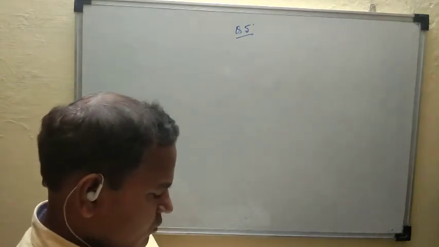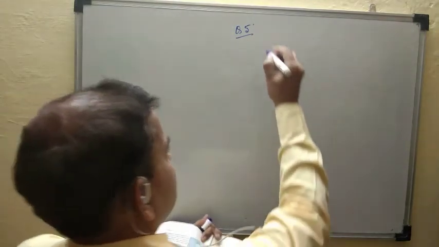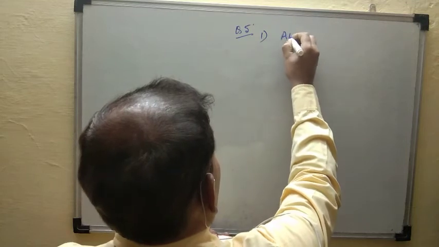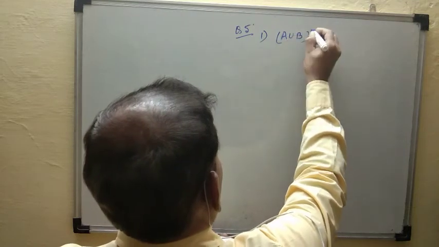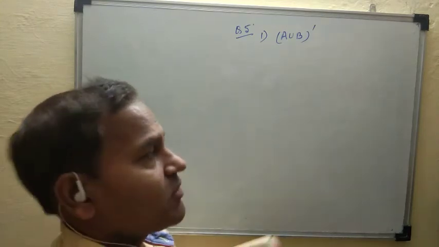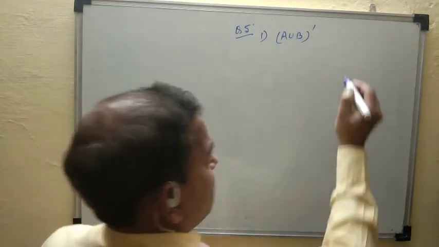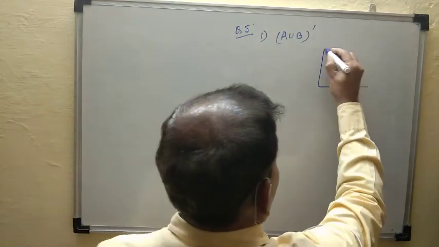Question number 5: draw an appropriate Venn diagram of each of the following. First, the Venn diagram of (A union B) whole complement. For a Venn diagram, first draw the universal set, and for the universal set draw a rectangle.